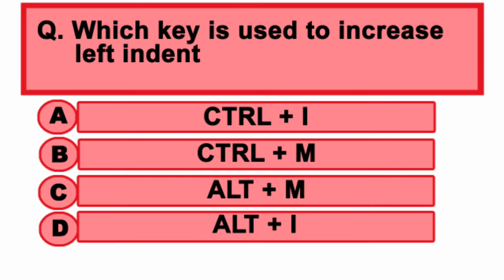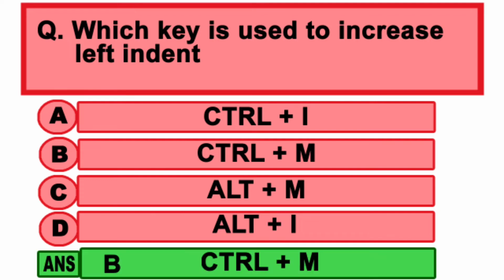Which key is used to increase left indent? The options are A. Ctrl I, B. Ctrl M, C. Alt M, D. Alt I. Let's see the options in detail. Ctrl I italicizes the text.